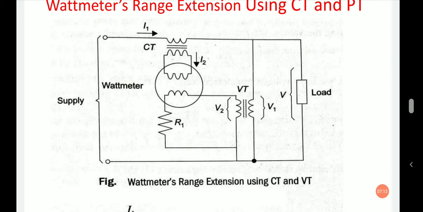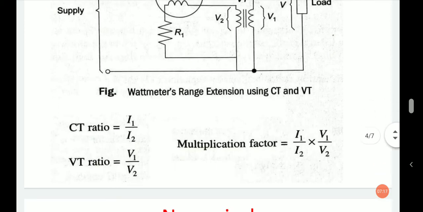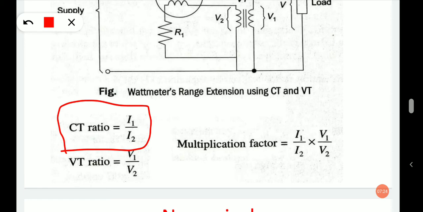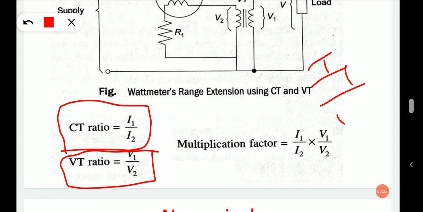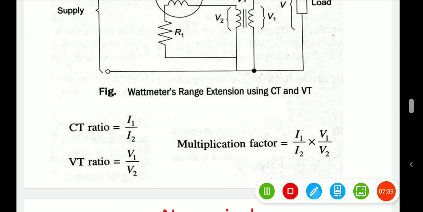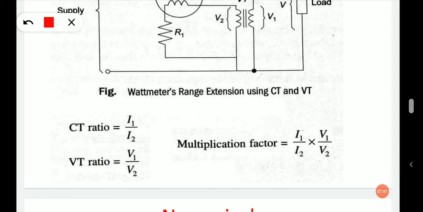The ratio of current and voltage transformers are given as: CT ratio is I1 upon I2 and VT ratio is V1 upon V2.